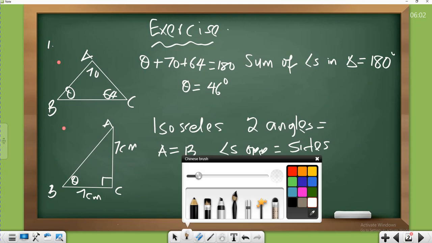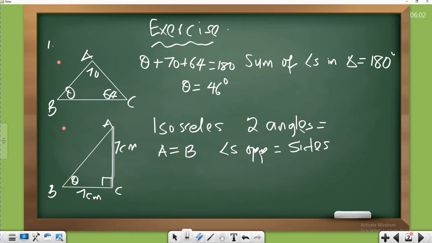Let me have my highlighter. So this side is equal to the side, and this angle is opposite to the side. This angle here is also opposite to the side. That's why we say angles. So the angles that are opposite the equal sides.